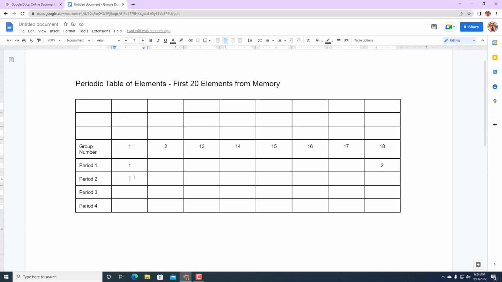Then we go 3, 4, 5, 6, 7, 8, 9, 10, 11, 12, 13, 14, 15, 16, 17, 18, 19, and 20. It's a little bit goofy, but I think it's easier if you look at the numbers first before you mess with any abbreviations or names of elements.